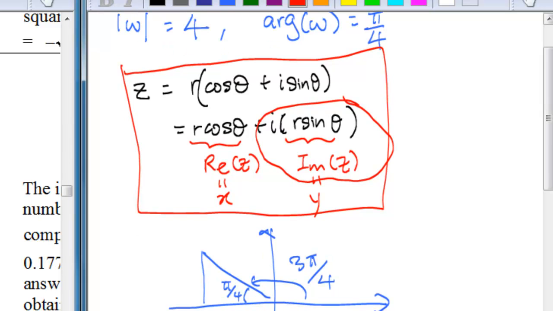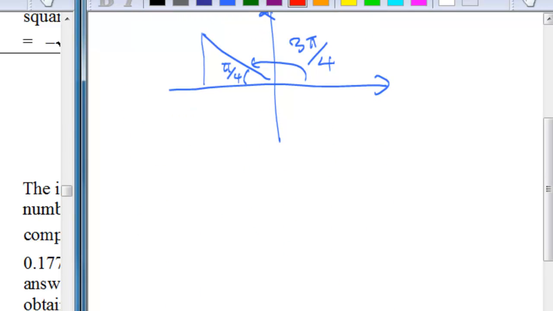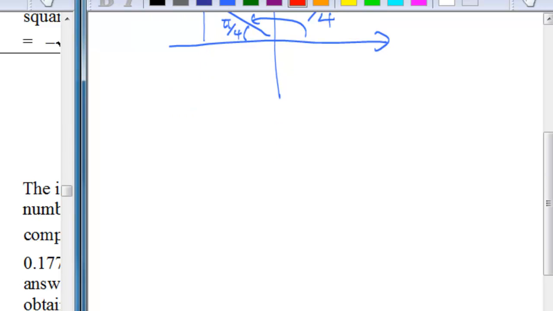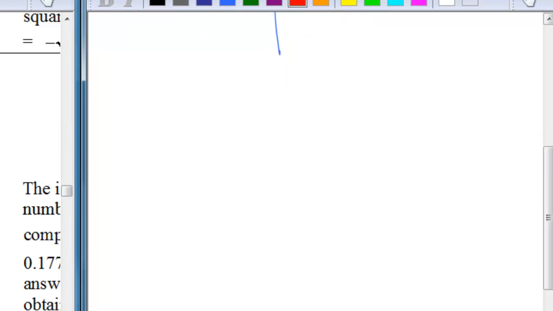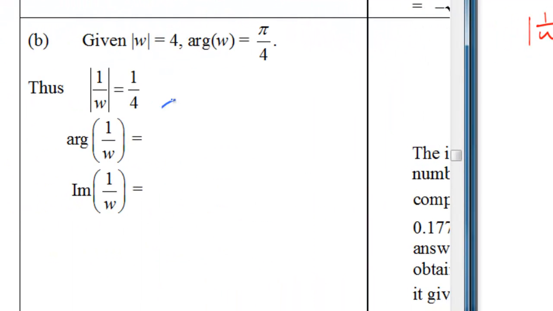To work out the r, the modulus of the complex number 1 over w, we know that the modulus of 1 over w can be simplified as 1 over modulus of w. Knowing modulus of w is 4, we will have 1/4 as the modulus of 1 over w. That is how we get this value over here.